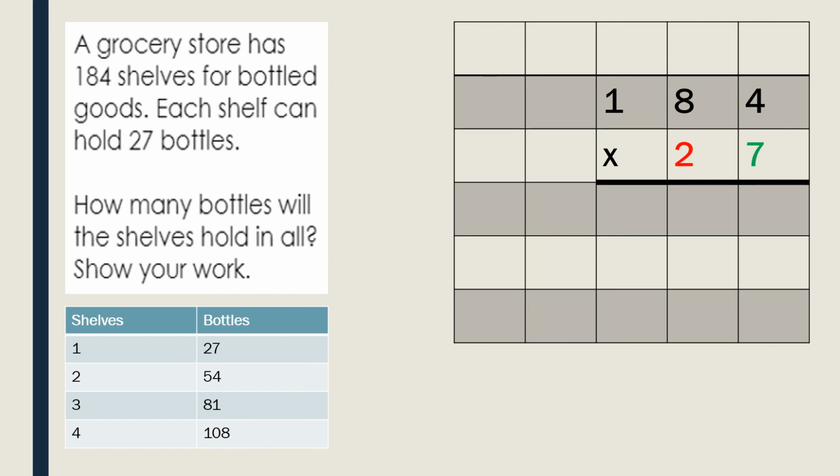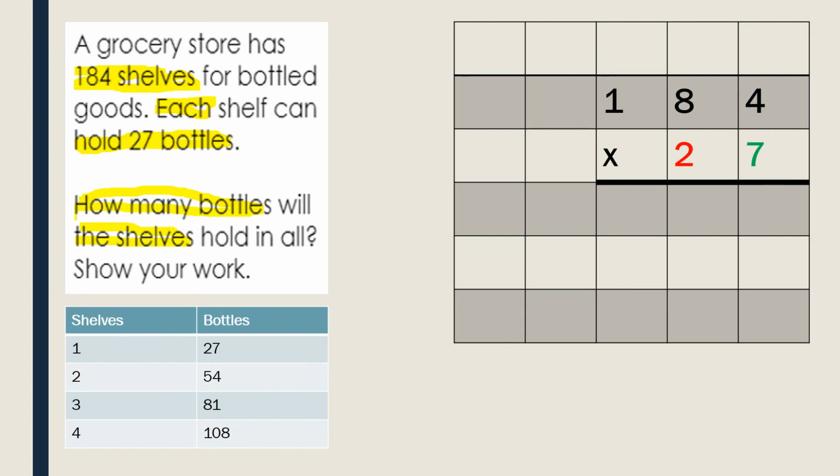So now a grocery store has 184 shelves for bottled goods. Each shelf can hold 27 bottles. How many bottles will the shelves hold in all? So I know, looking at this, I need to know about my 184 shelves because I need that information, and I need to know that each shelf holds 27 bottles, each of them, and I'm trying to figure out how many bottles will the shelves hold.